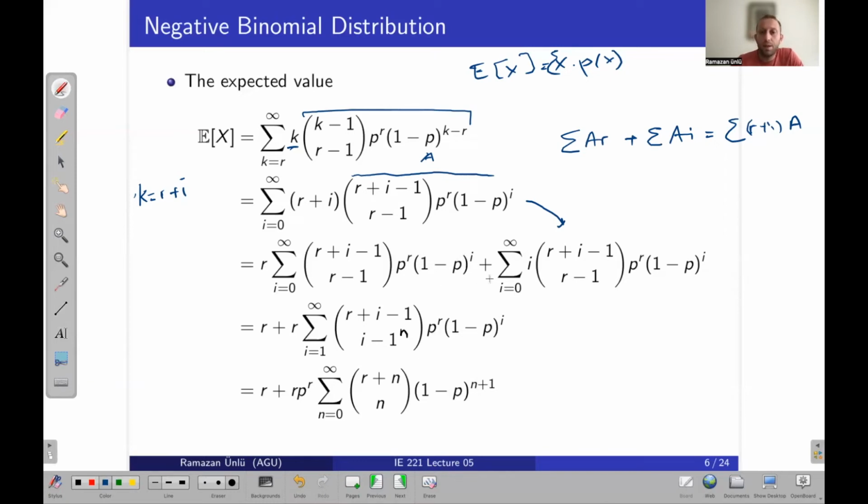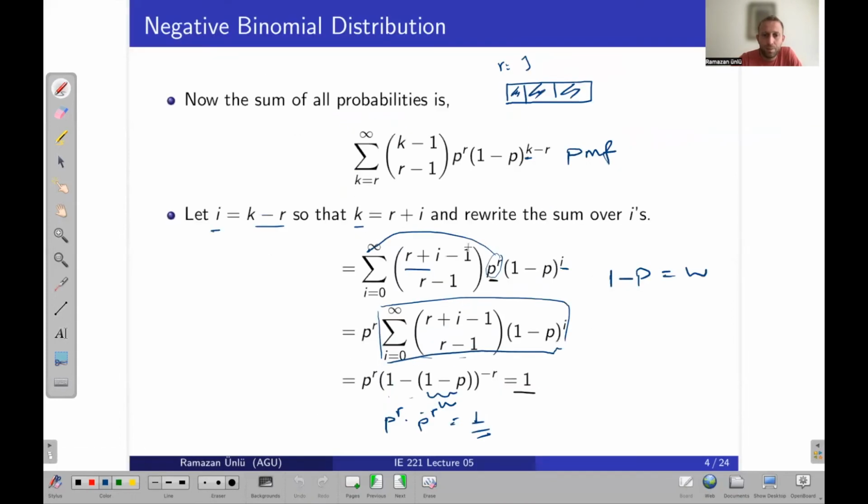Okay. And also I multiplied the same thing with i as I did here, and it will be the summation of i times the same guy. So what is this part? This is actually the PMF, right? Look here, this is our PMF, and we say that it is equal to 1, right?